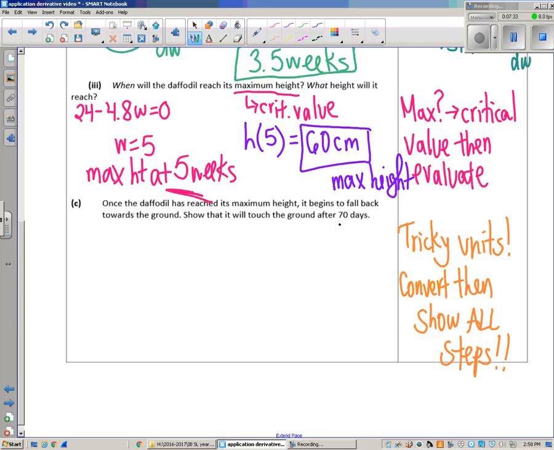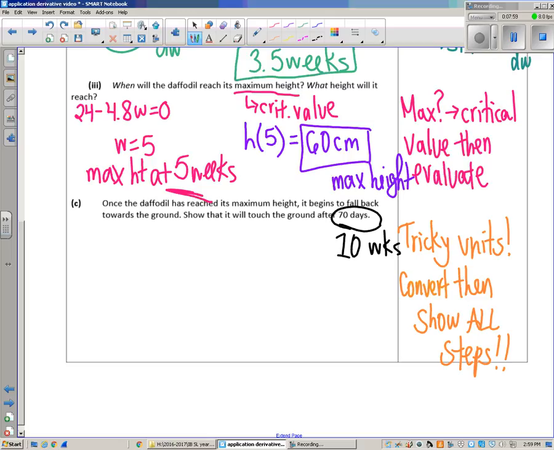But the other thing is they're starting to talk about 70 days, which if you remember our unit of time where we started was in weeks. So 70 days I have to convert to weeks first, so there's 7 days to a week. So I know 70 days is really 10 weeks. So you want to do that conversion and address that first if you ever see an instance like that.